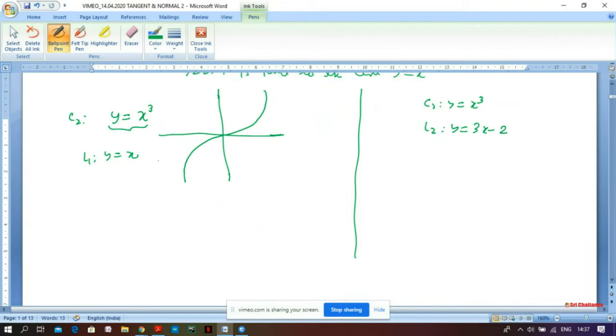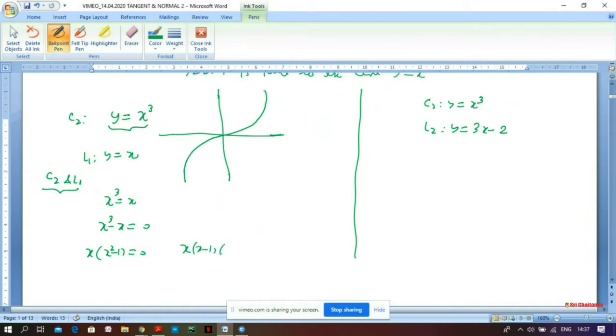If you come this side, then these two, rather one curve and one line, intersect at the points given by x cube equal to x. That means x cube minus x equals 0. I can take x out, x square minus 1 is 0.